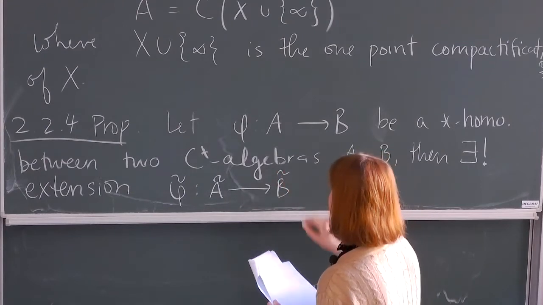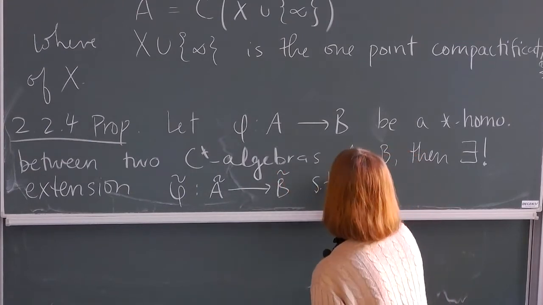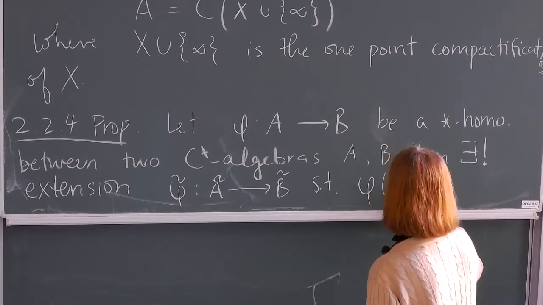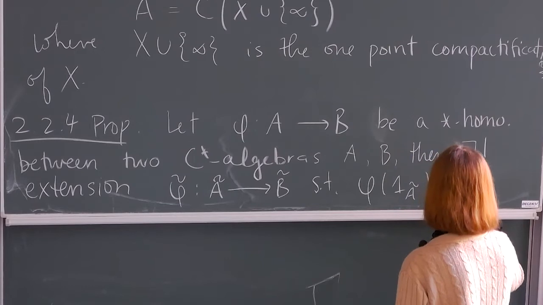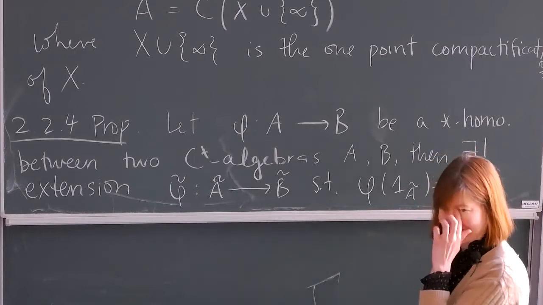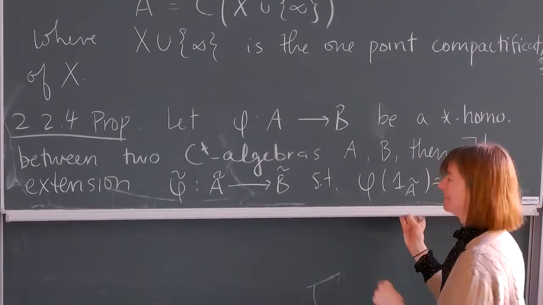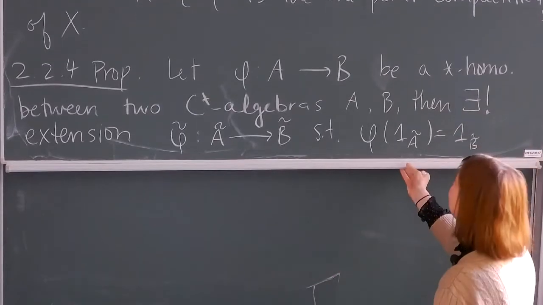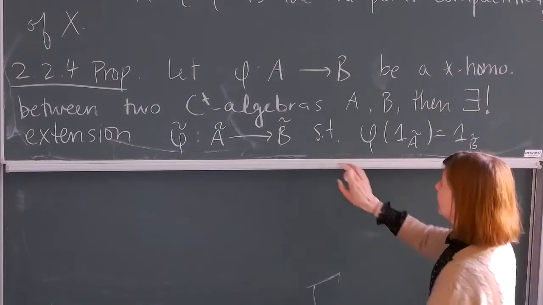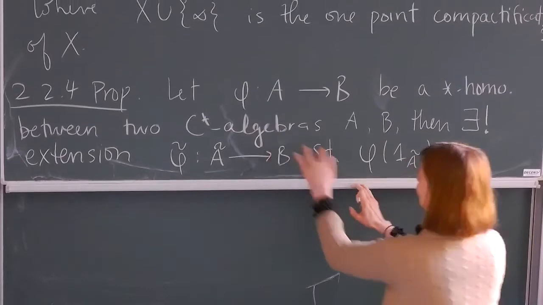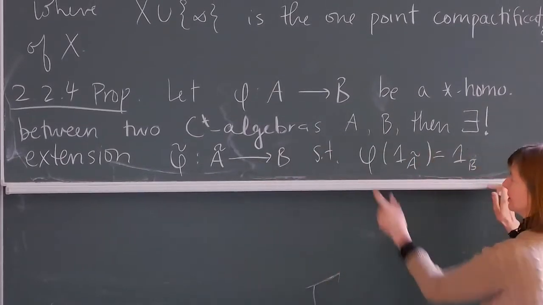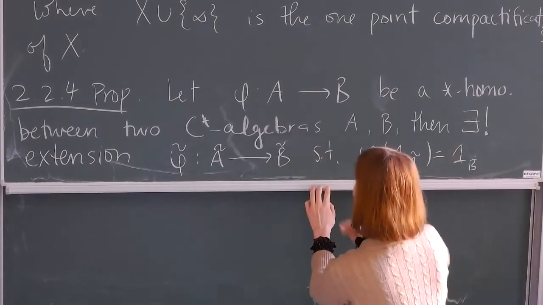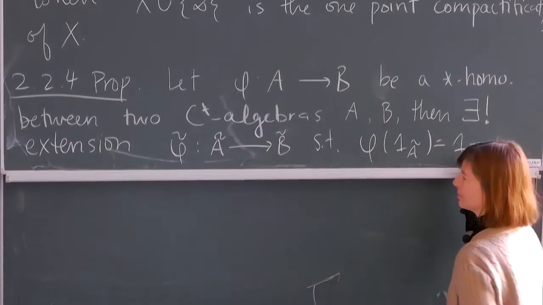So we don't know that B has a unit, so okay, this is actually exactly where this problem that was just pointed out could occur. So if B is already unital, then it has a unique extension that sends the unit of A tilde to the unit of B. If B happens not to be, well, okay, then we have to extend it to B tilde.